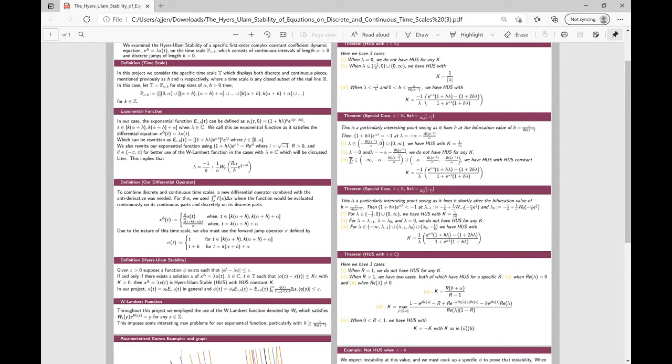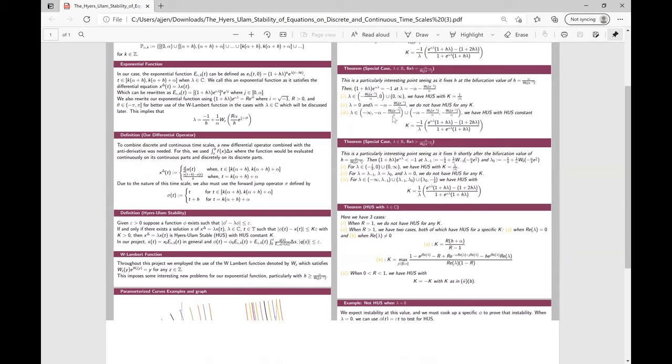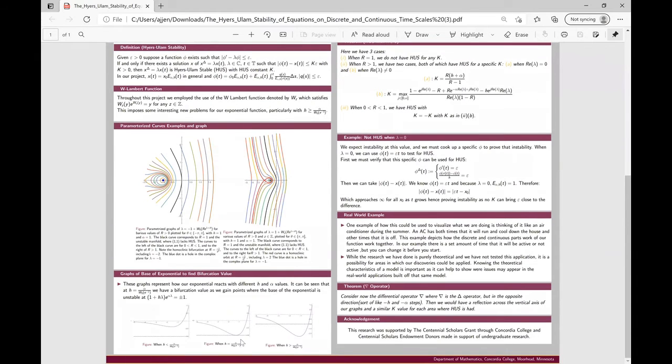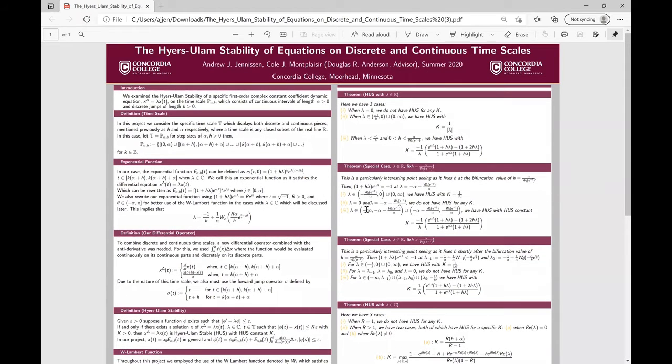We do then observe that when we have lambda equal to 0, and lambda at that value which makes our exponential function equal -1, we do not have Hyers-Ulam stability, which is basically reaffirming what this picture told us down here: when this drops down and touches that bifurcation value where we expected to have instability, we do in fact have instability.